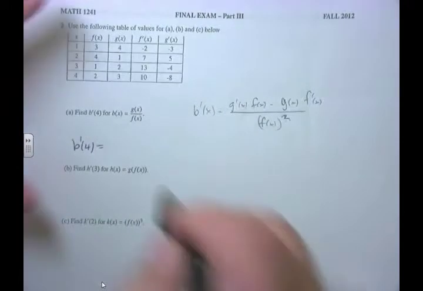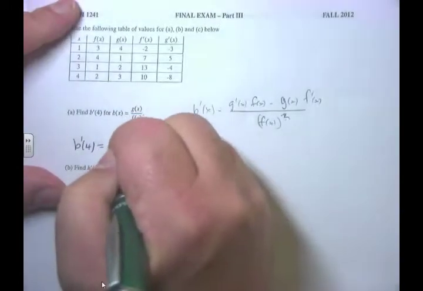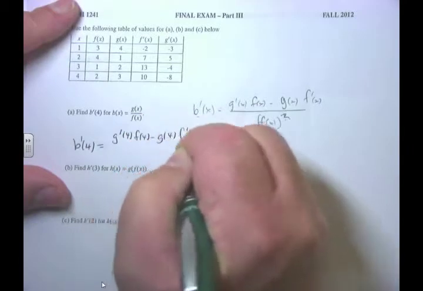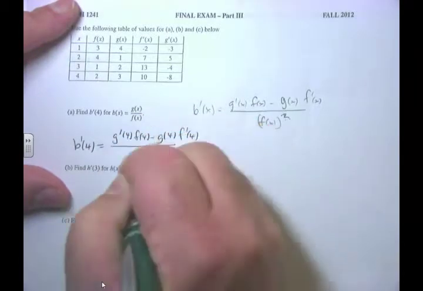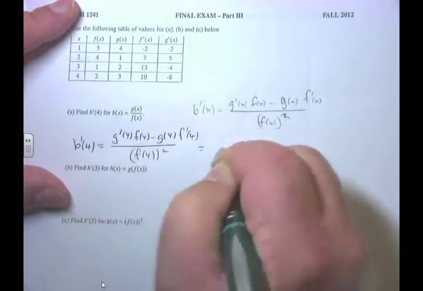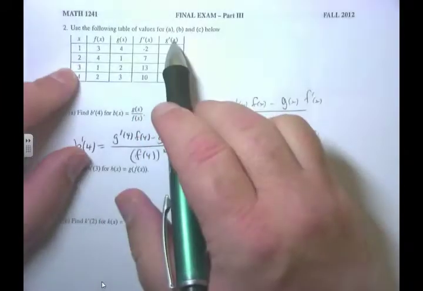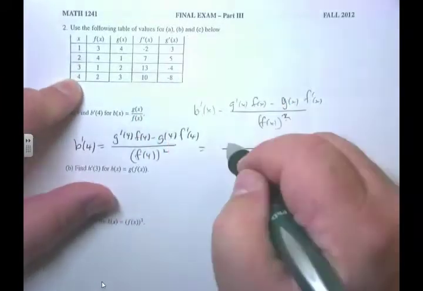Now we want to find B prime of 4. So what I'm going to do here is plug in 4 into this thing. This will be g prime of 4 times f of 4 minus g of 4 times f prime of 4 all over f of 4 quantity squared. And then from this point on, I now use my chart to plug in numbers. What's g prime of 4? G prime of 4 is negative 8.